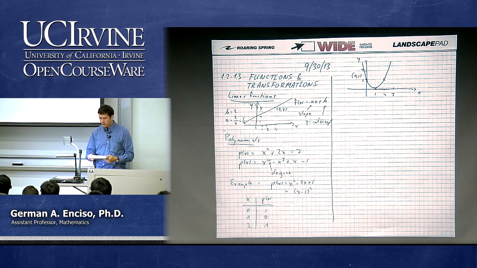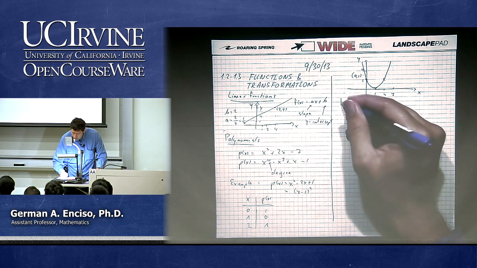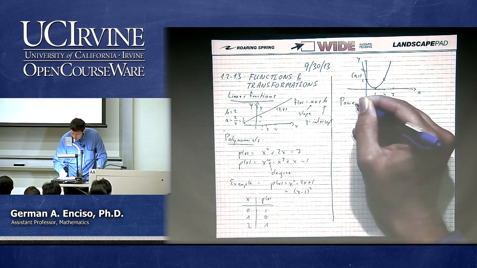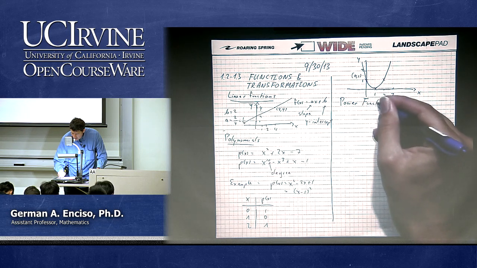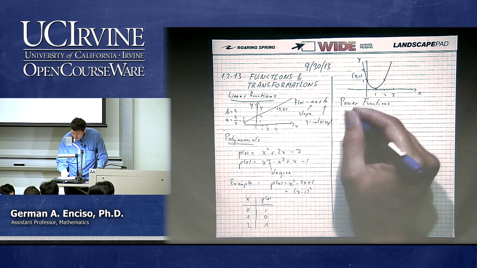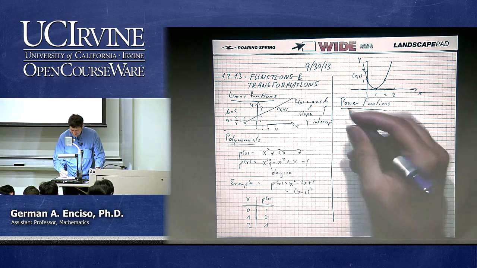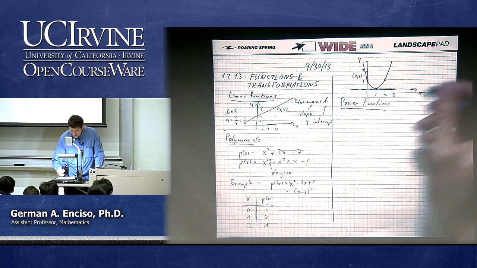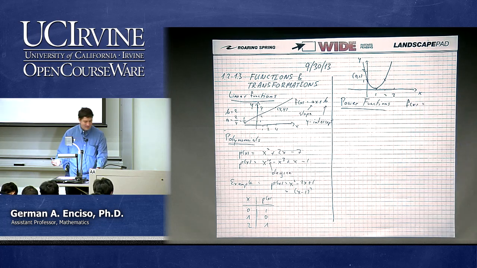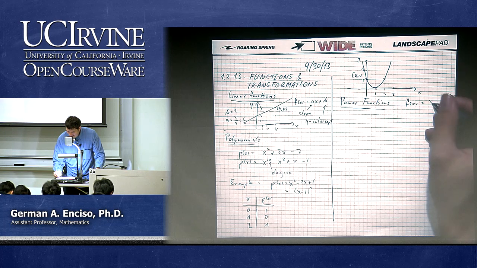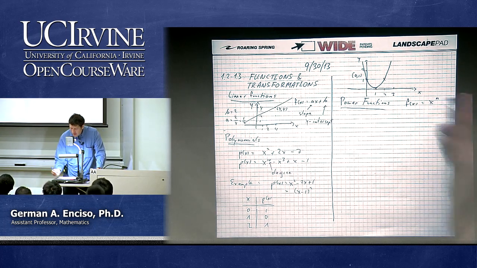So those are polynomials. There's another type of function. We're going to call them power functions. Not to be confused with the Power Rangers. So f of x equals x to the n.